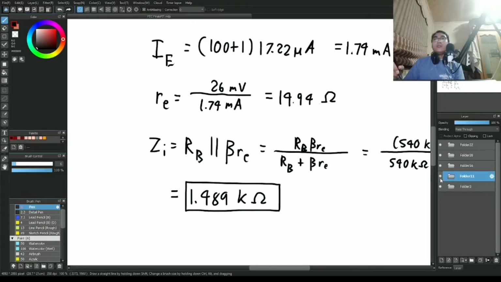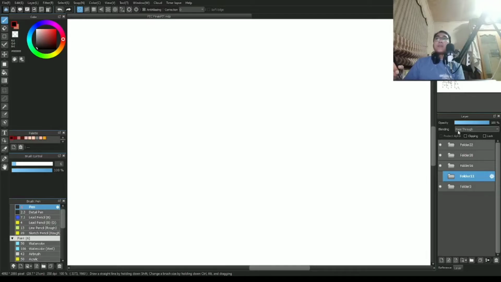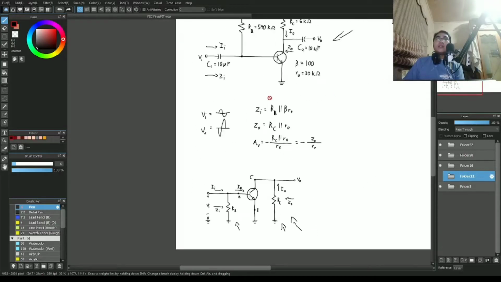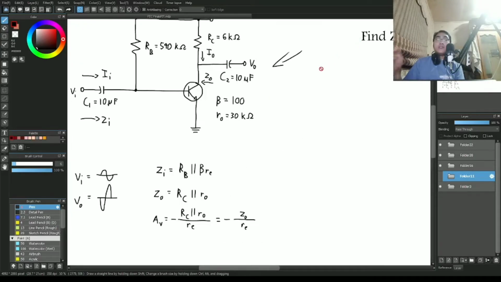Now that we've got the input impedance, let's go to output impedance. This is where I remind you again that in a general sense, RO is usually not the actual value, but instead we replace it with the value of infinity. Since it is infinity, we cannot put the actual value.